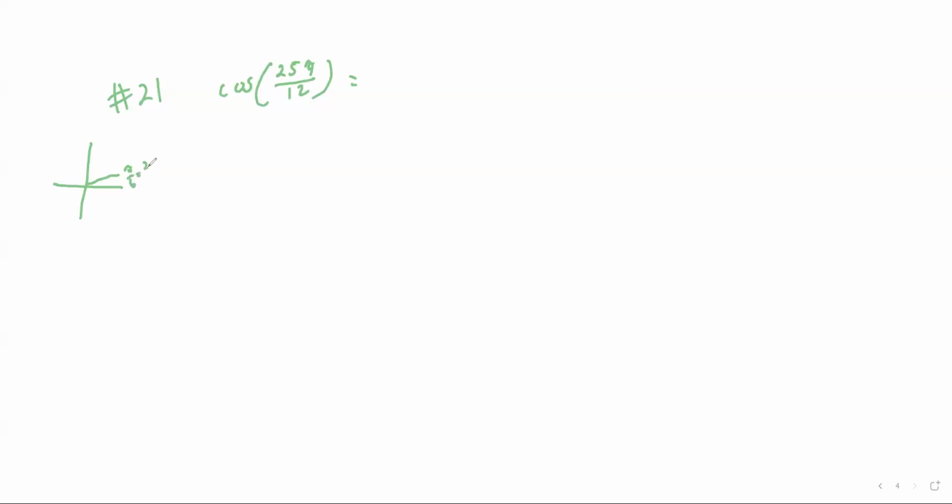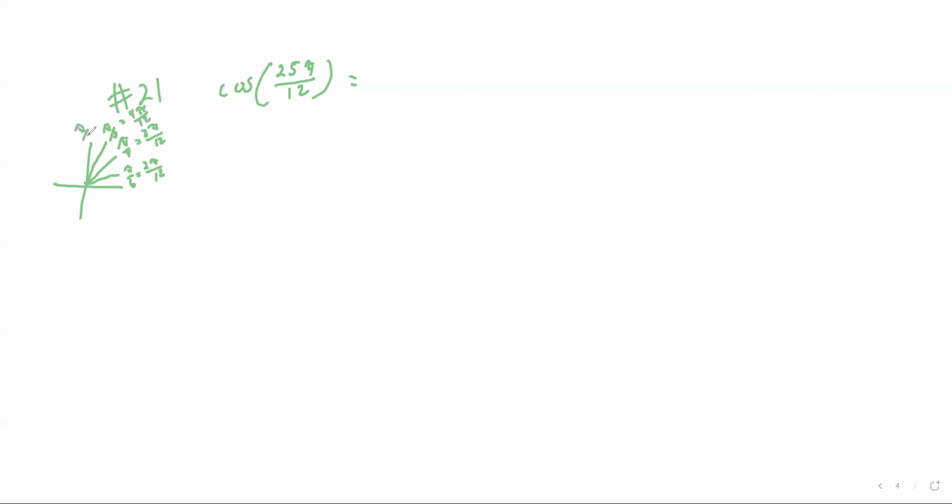6, which can be 2 pi 12ths. This right here is pi 4ths, which can be 3 pi 12ths. Man, I don't know why I keep doing a radical sign. This right here is pi thirds, which is 4 pi 12ths.